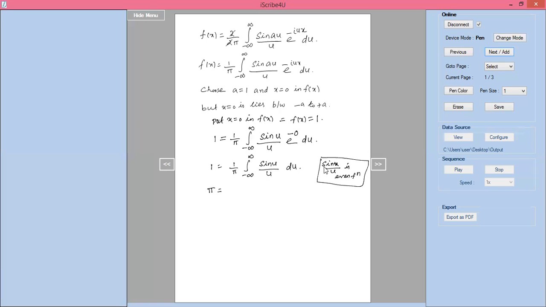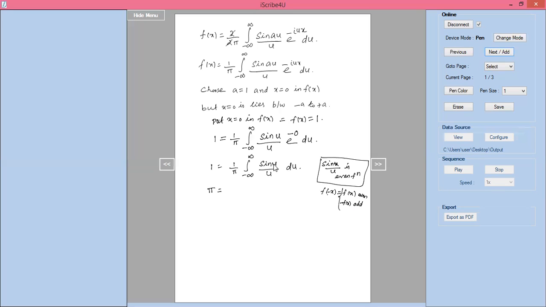Even functions, odd functions, we know that. When you replace x by minus x, f of minus x equal to f of x means that is an even function. Minus f of x means that is an odd function.